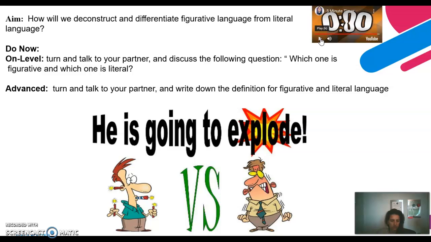If you see the picture on the right, the guy who seems to get a little mad, I think that one is figurative language because maybe it shows that he's upset and badly tempered at the moment. So his emotions maybe have this furious passion that makes it feel like it's going to explode.